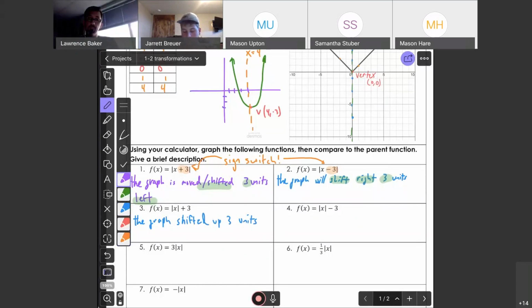So x is up, and then that's saying -3. But you were wondering if you wanted to change it to like a -3. Nope. I was just wondering what's going to happen when we move on to number 4. Oh, okay. It'll shift down 3 units if we change that to negative. All right.